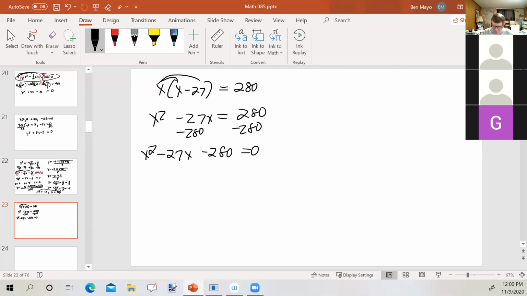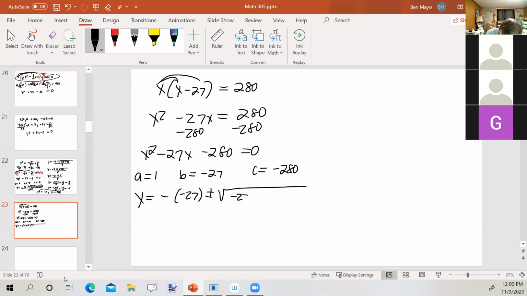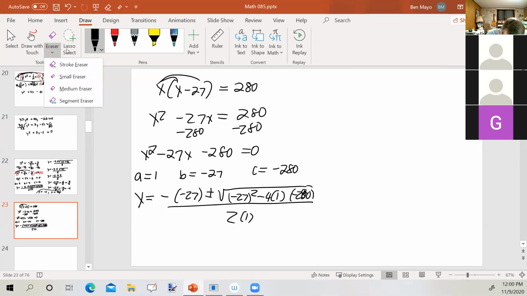Okay, so a is 1, b is -27, and c is -280. So x equals -b plus or minus the square root of b squared minus 4ac all over 2a. See if I can write that a little nicer.